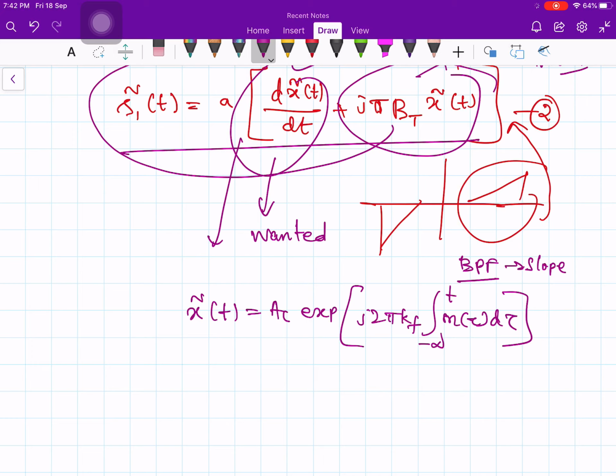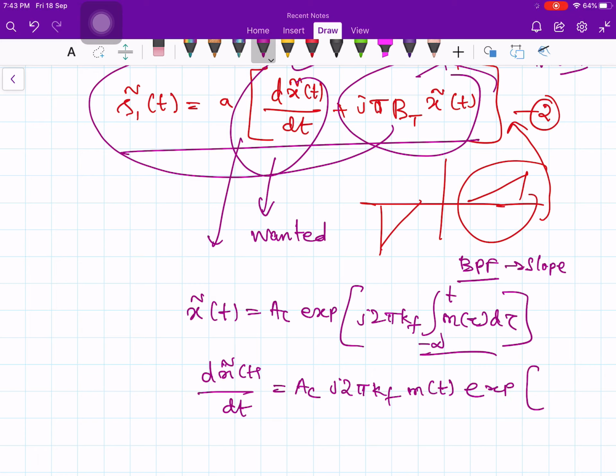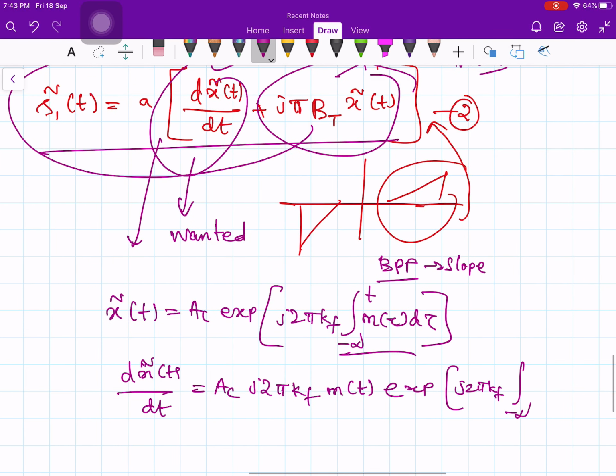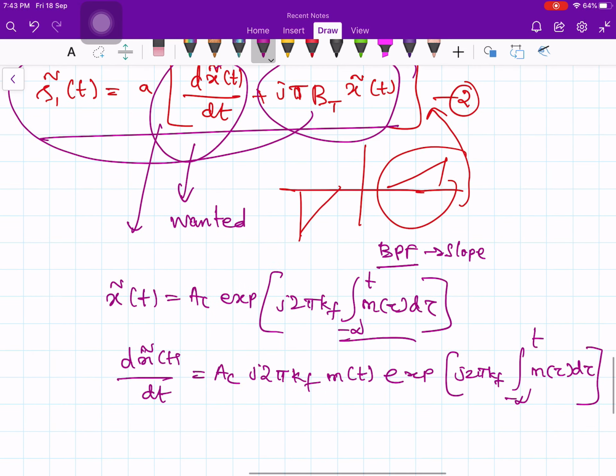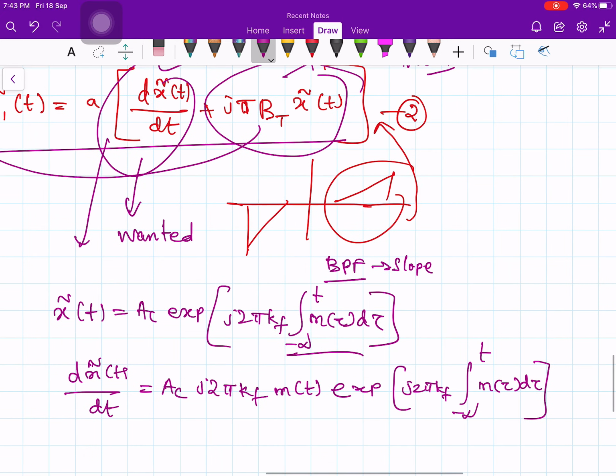If you differentiate this, what will you get? dx tilde of t divided by dt becomes AC times j 2 pi kf, this becomes m of t, again e to the same term, j 2 pi kf integral of m of tau d tau. Okay, now let me call this equation 3.